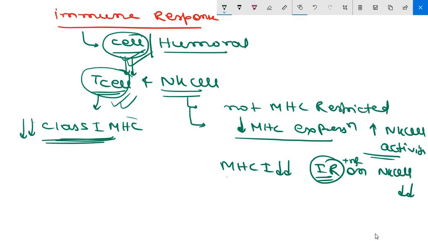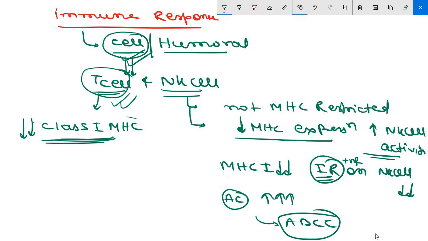Getting? So inhibitory receptors are down regulated and activation receptors are coming in more number. Clear? The activation receptors can be your Fc receptor on NK cell, which can bind to antibody coated tumor cells, and that can lead to your ADCC. So this may be one mechanism.